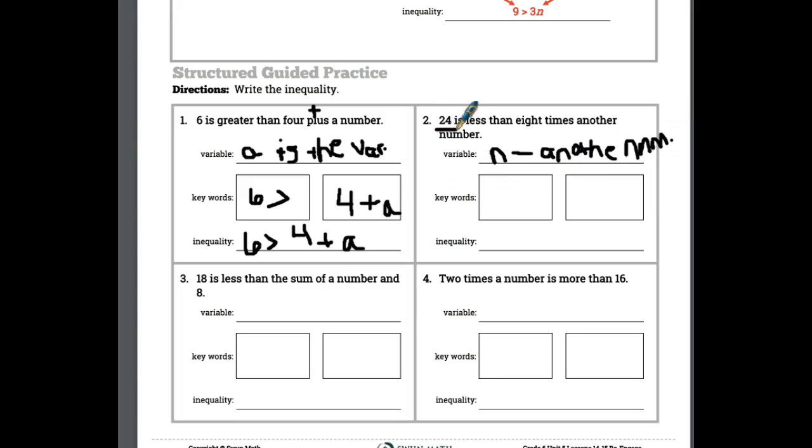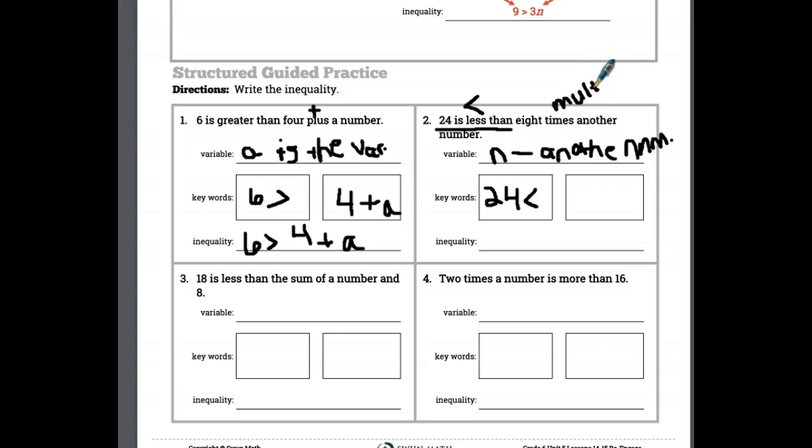Keywords. 24 is less than. So I know I need to use my less than symbol. 24 is less than 8 times another number. Times means I'm going to multiply.